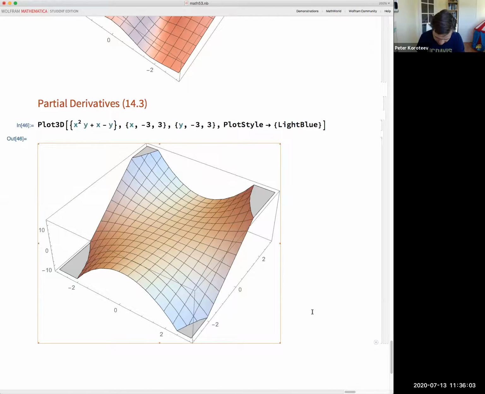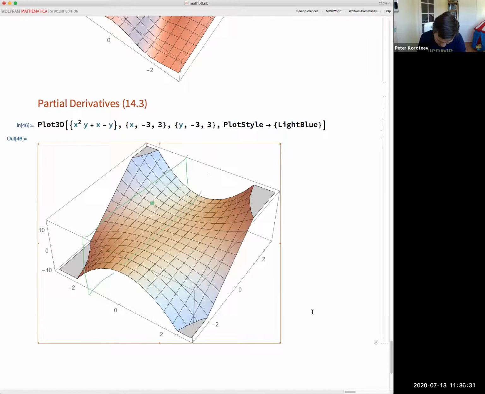Say this is a function. It's a polynomial function of two variables, right? And here is its plot. It's a nice continuous function. So let's pick a point here, and then we'll cut the plot along the y-axis like this.